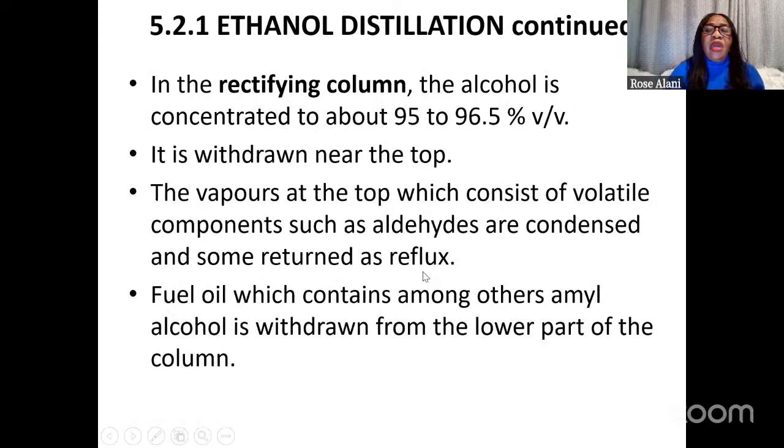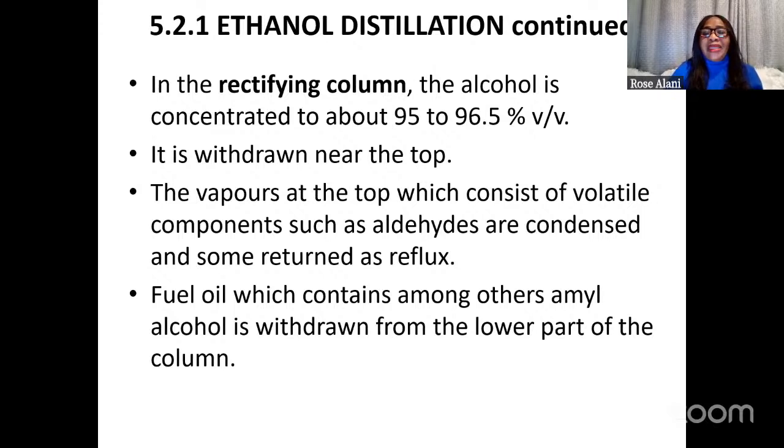Then the other column is the rectifying column. In this case, the alcohol is concentrated to between 95 and 96.5% volume by volume, and then it is withdrawn from the top of the column.